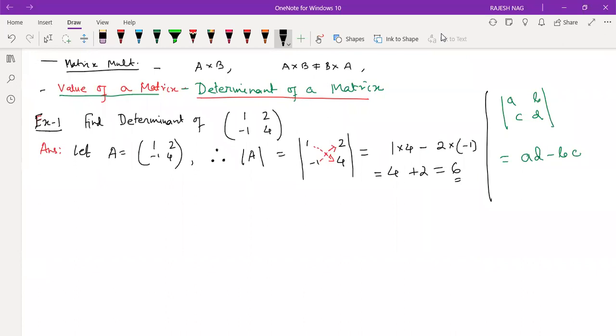Okay. Example 2. That is the easiest case. Let A equal to the matrix 2, 3, 0, 1, 2, 1. Since it is a matrix, you represent it in this format.